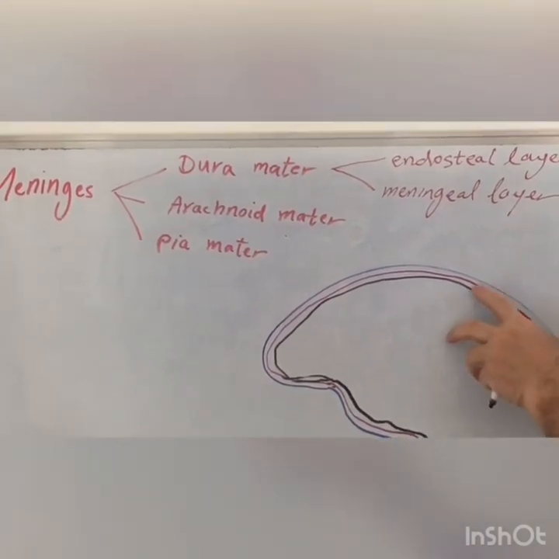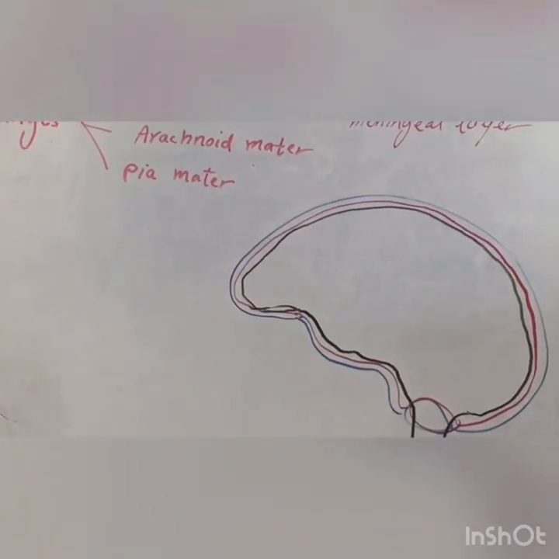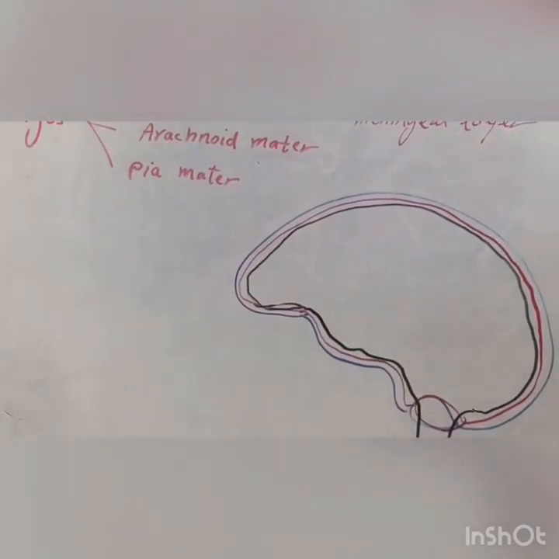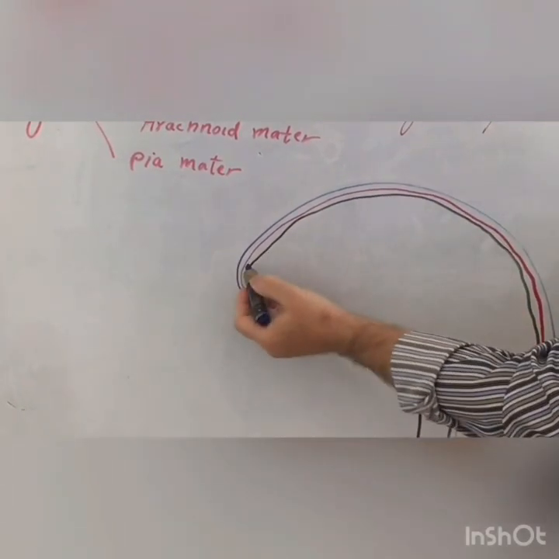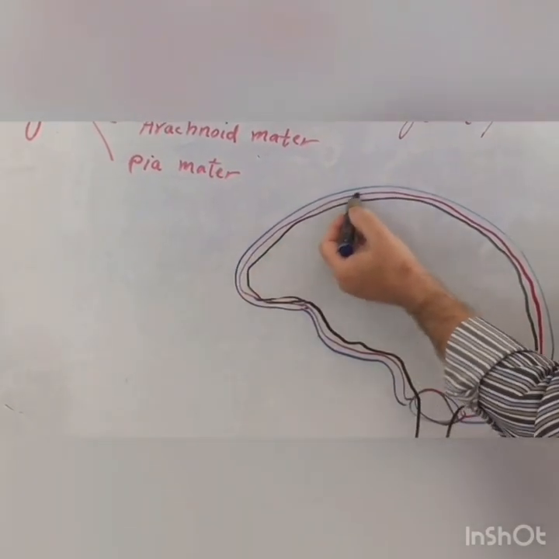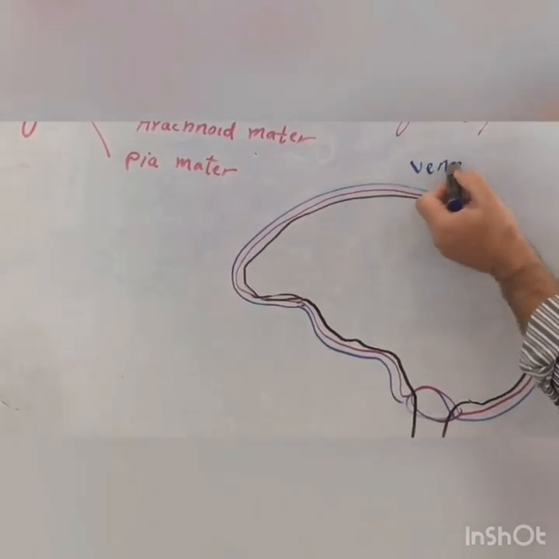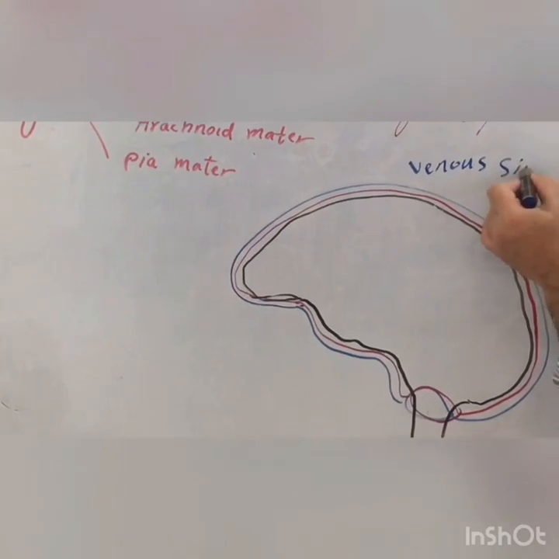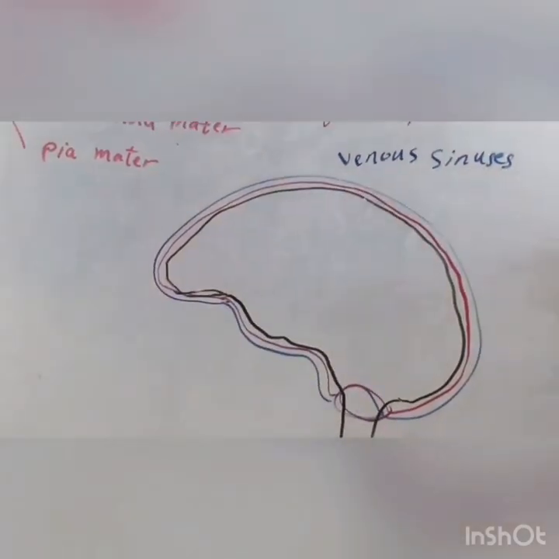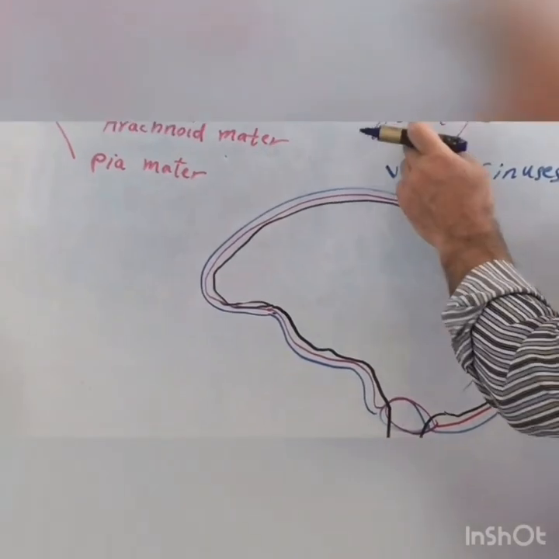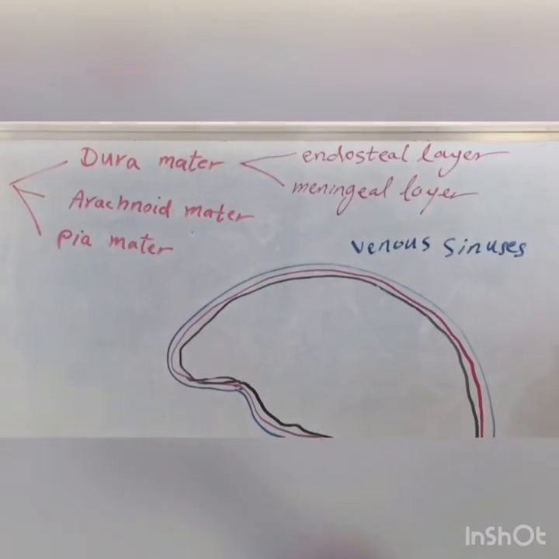Now, in between these two layers, we have sinuses, big veins. Big veins found between these two layers. We call them venous sinuses. The meningeal layer, I discussed it in a previous video.